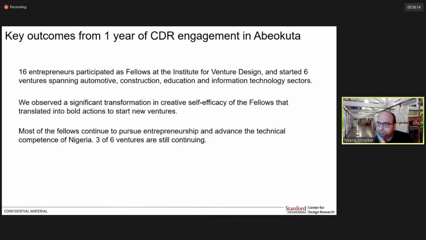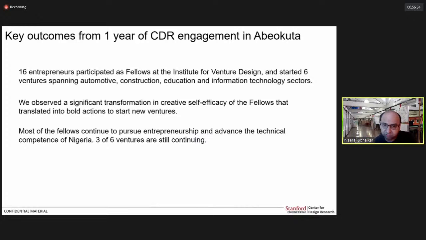This program ran just for the first year before we actually ran out of funding, because our chief financier ran to become the vice president of the country. So he diverted his focus and his finances.